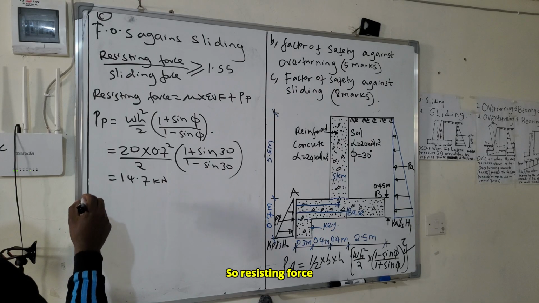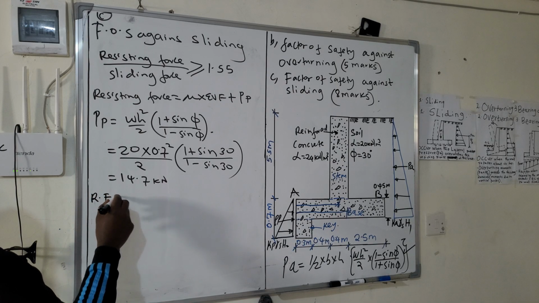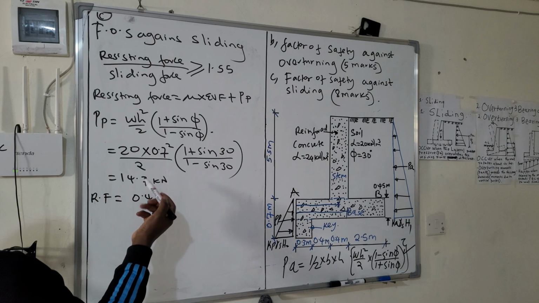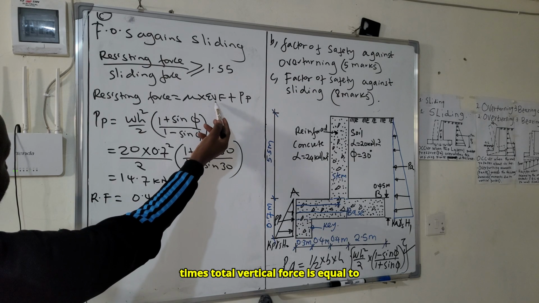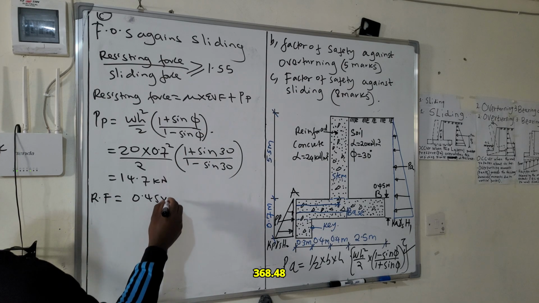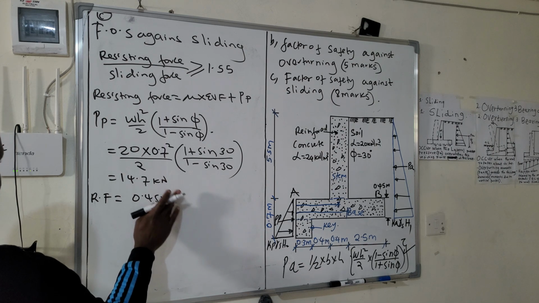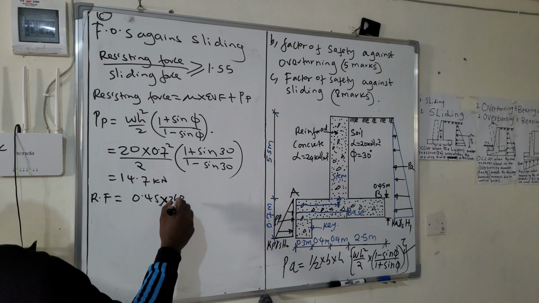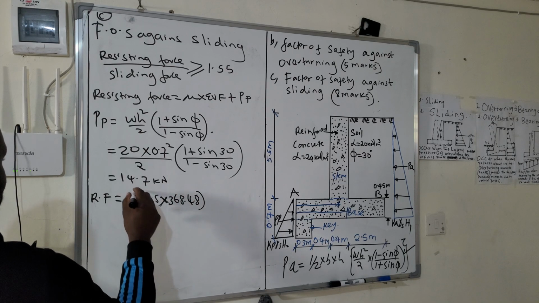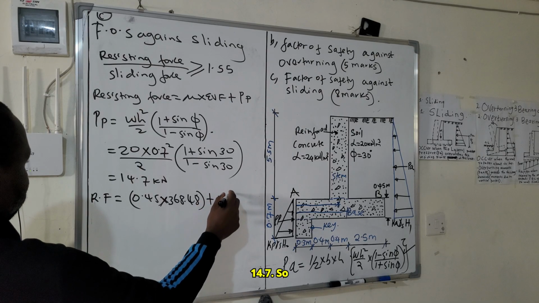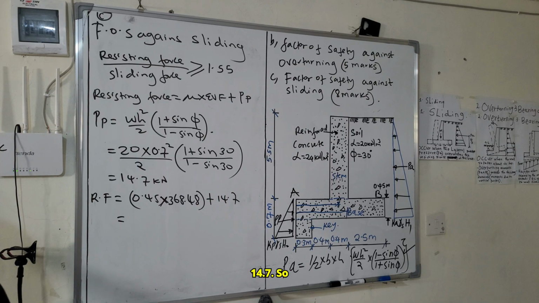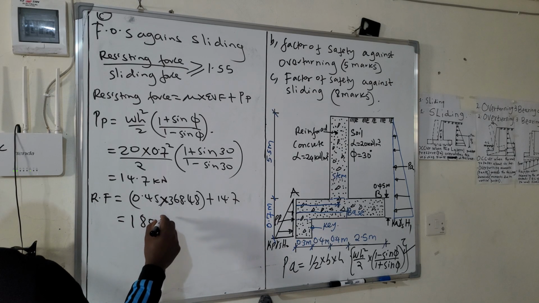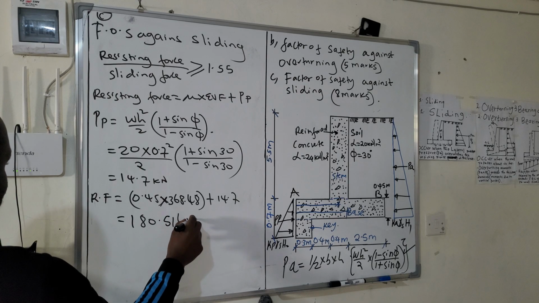So resisting force is equal to 0.45 times total vertical force, which is 368.48, plus 14.7. So you will get 180.516 kilonewton.